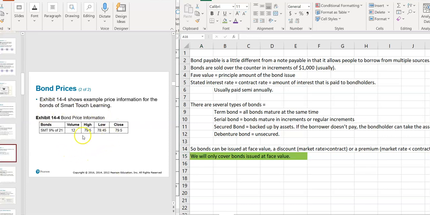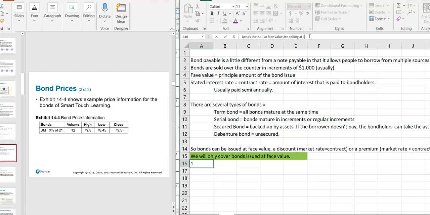So this is how it might be stated in the paper, how the bond is selling. These numbers right here, the 79.5, the 78.45, and the 79.5, those are percentages of face value. So this bond is selling at a discount. It's selling for less than face value. Bonds that sell at face value are selling at 100.